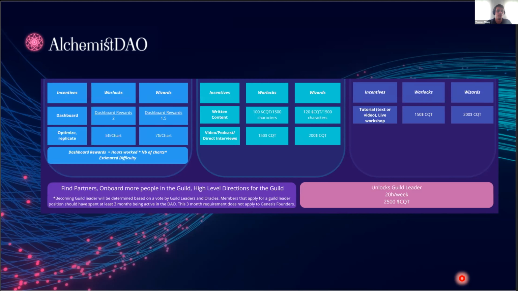So for now, you have to get through all the steps first. And then we'll do a vote between the existing guild leaders and the oracles that are involved with the research guild to see if everyone thinks that's a good idea, basically.